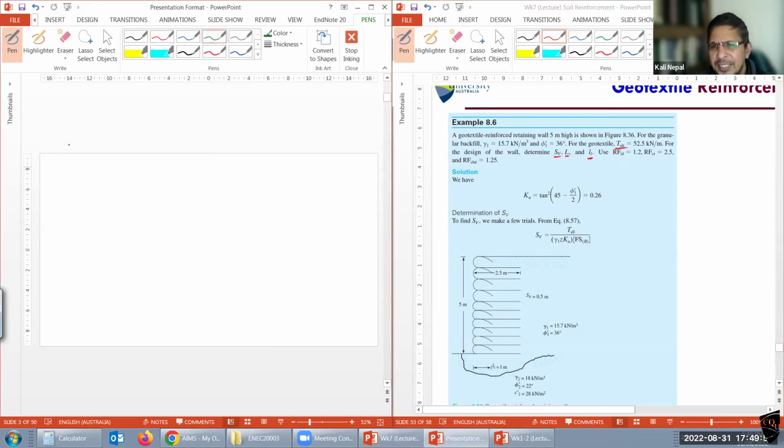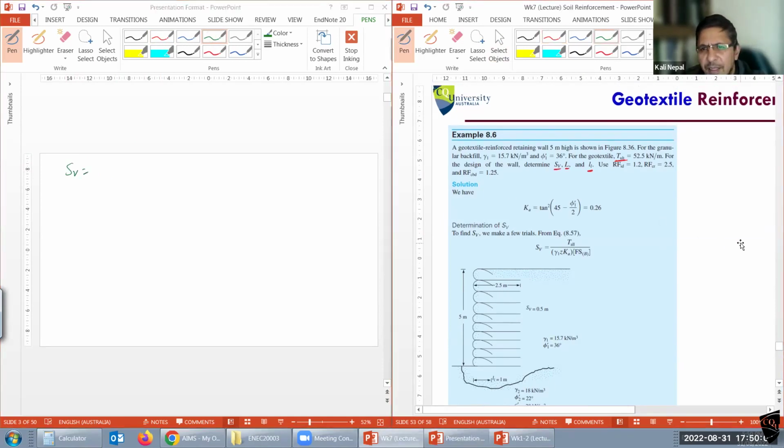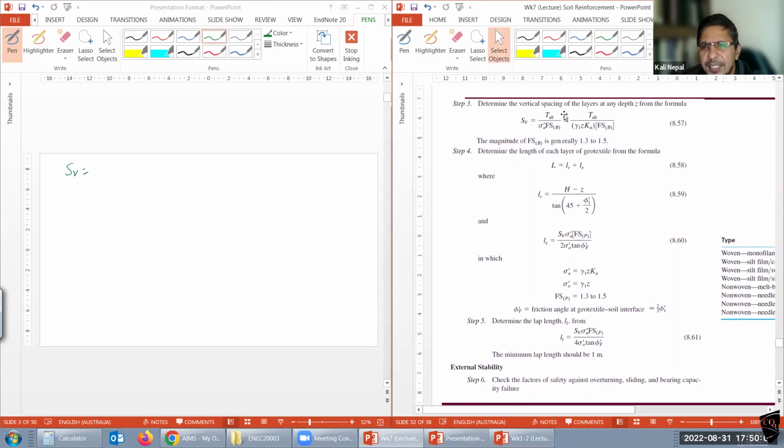So now what I need to do is I need to calculate SV, right? Can I calculate SV? SV equal to, what is the formula for SV? That one. Can you copy that, guys? The second, the last one. So T allowable, strength of tie, right?